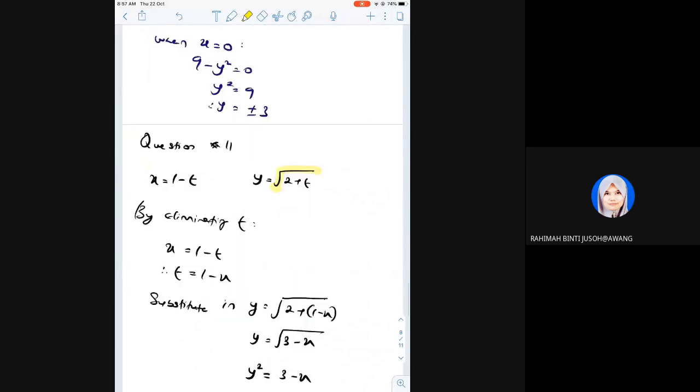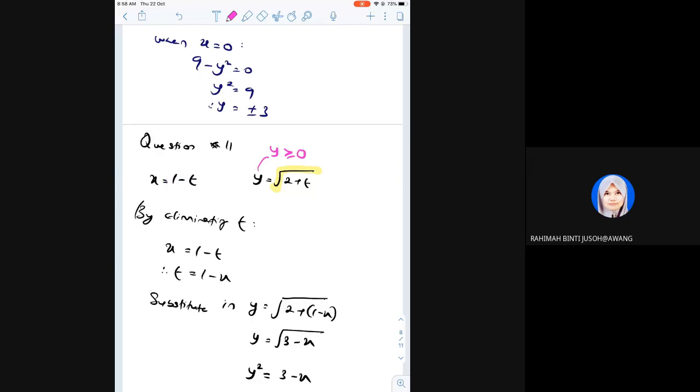However, memandangkan kita ada square root sign dekat Y, apa maksud square root sign ni guys? You kena alert faham betul-betul. Maksud square root sign ni adalah variable Y ni must be always positive. Okay, kalau square root sign tu duduk dekat X, yang sentiasa positif.